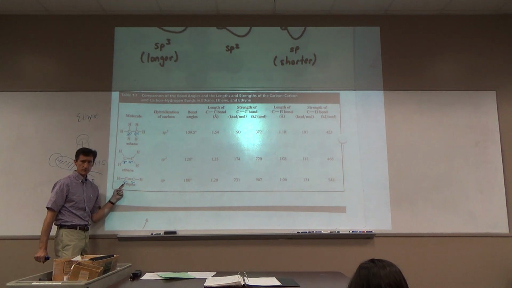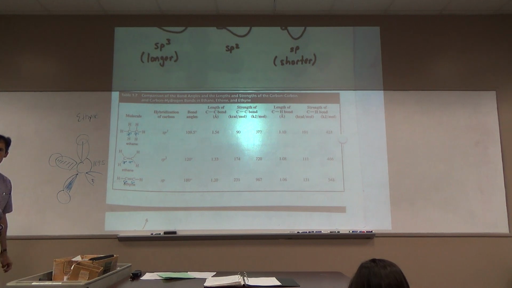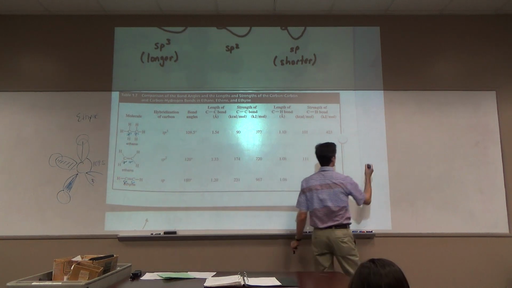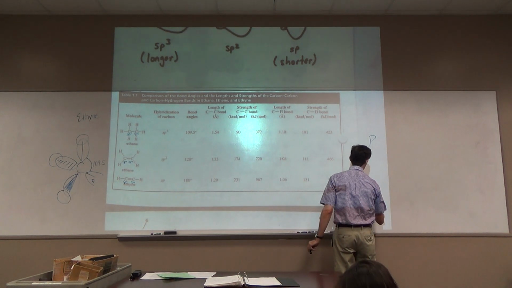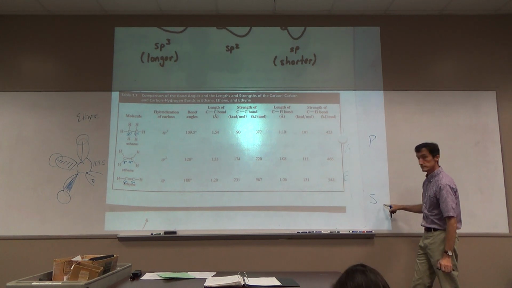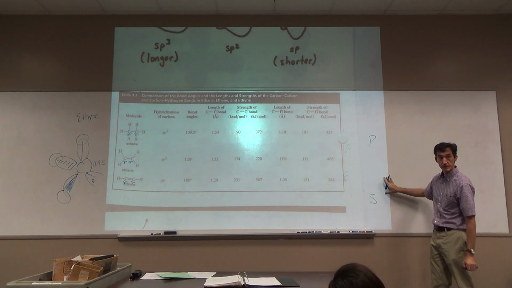What about energy of the orbitals? Does more s character make it lower energy? Yes. You've got p and you've got s in terms of energy: s, and then p's, as long as you're in the same shell.